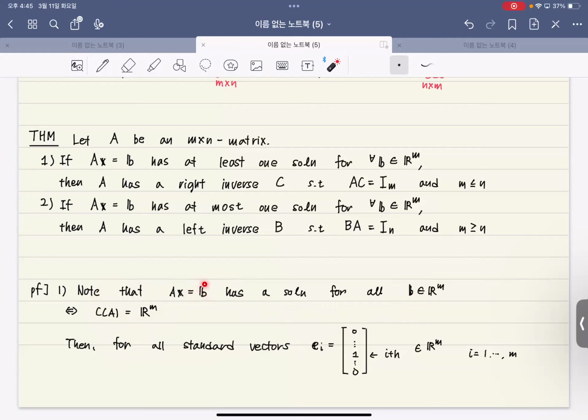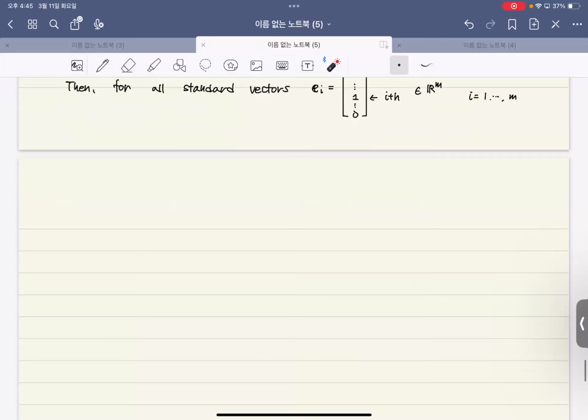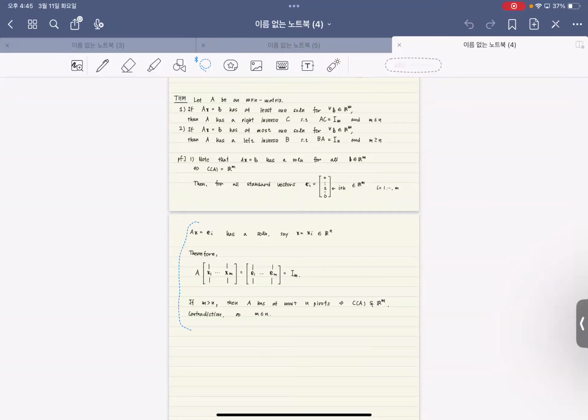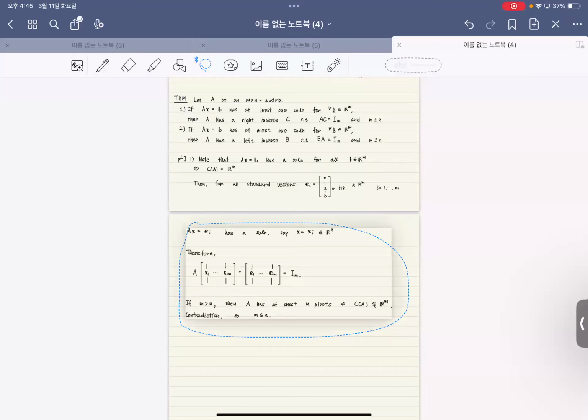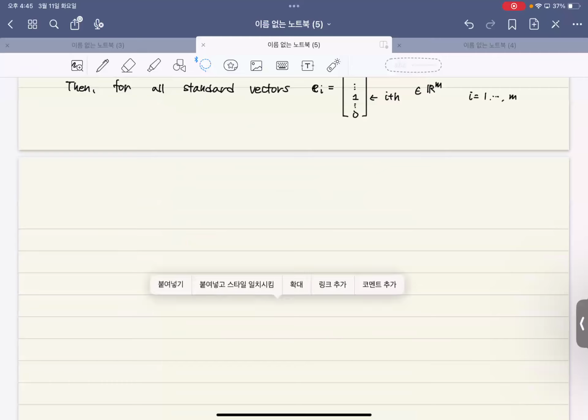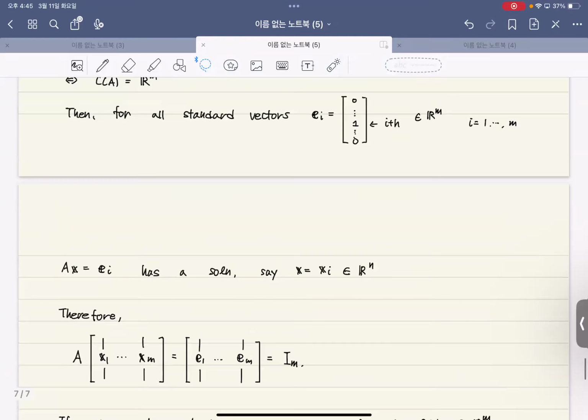If I replace b by the standard unit vector e_i, then this equation must have a solution, let me say x equals x_i. And if I multiply A by another matrix whose columns are exactly these solutions, then the result is going to be the identity matrix.